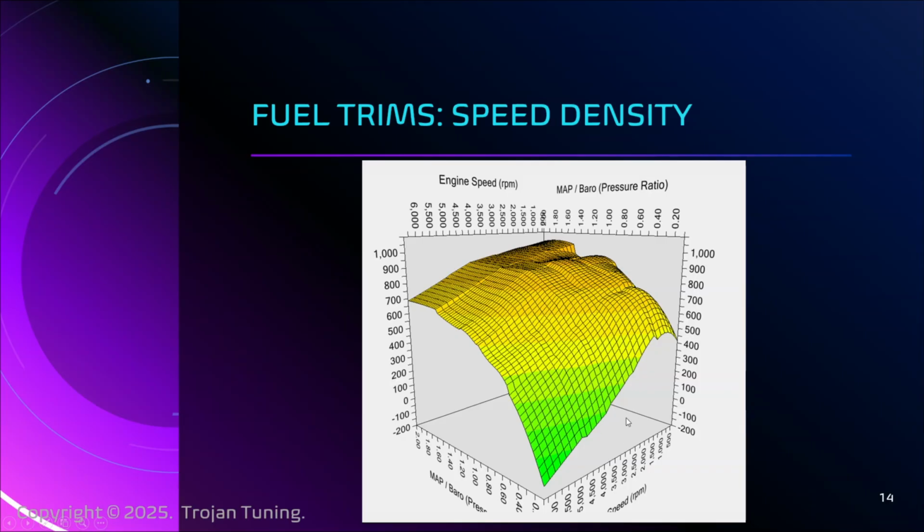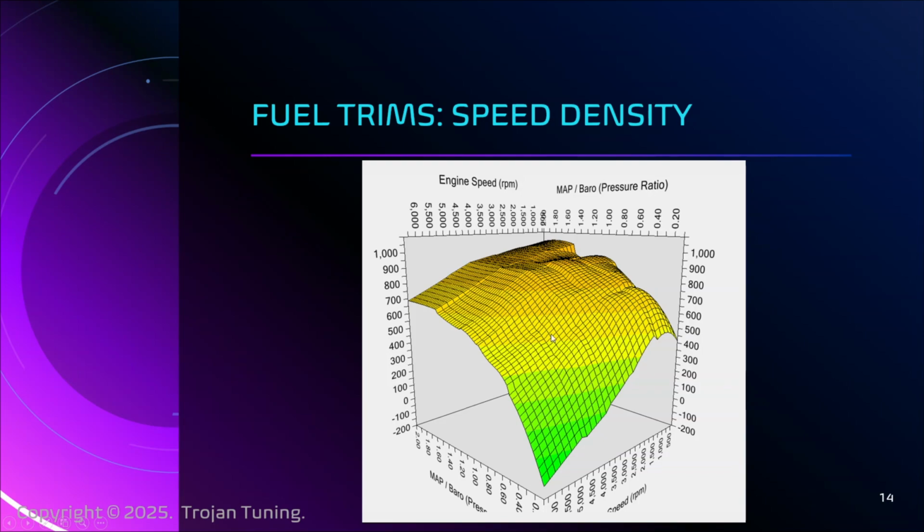If you think about it, every one of these curves, think of it as a stack of curves. So this is one, there's these, and it goes dip, dip, dip, dip, dip, down the line. Every single one of these is essentially a torque curve, where it notes that as my RPM increases and as my pressure increases, I need to increase my fueling. These all happen to be volumetric efficiency based.